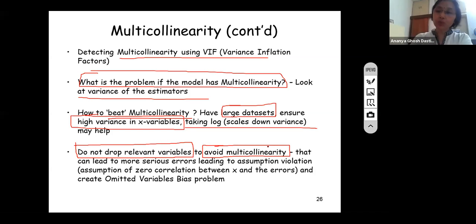Oh, so leave this, remove x3. Don't do that. Please don't do that, because that can actually lead to a very serious error, which can violate your assumptions, because multicollinearity is actually not violating assumptions. But if you drop a variable, that can lead to the problem of omitted variable bias, leading to a violation of the assumption of zero correlation between X and the errors.